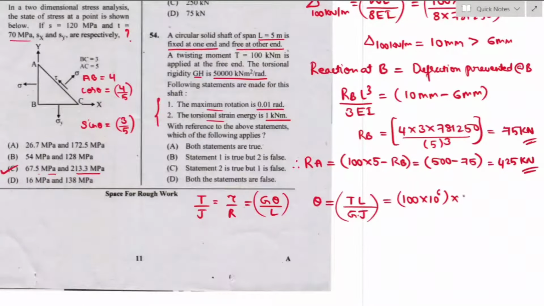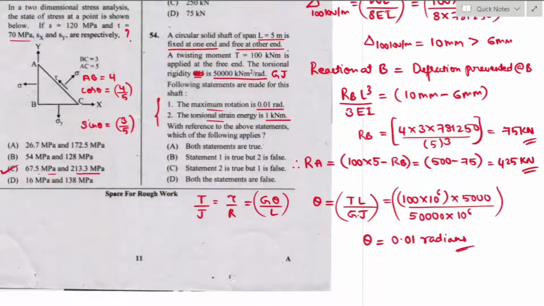L is the span length of the shaft, that is 5 meter, so 5000, divided by the torsional rigidity of 50,000 kN meter square per radian, so 50,000 into 10 to the power of 6. On solving this, the maximum rotation will be 0.01 radians. So the first statement is correct.